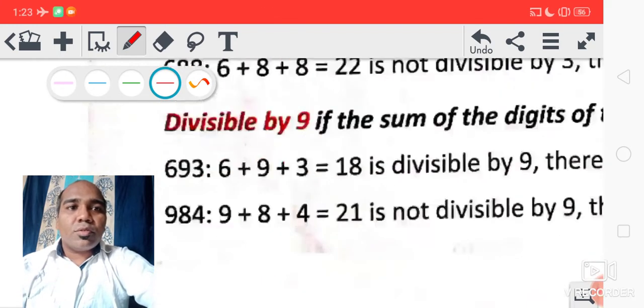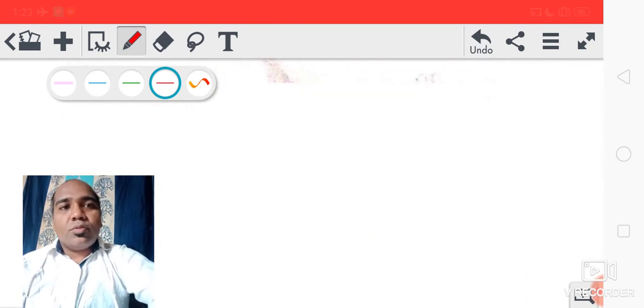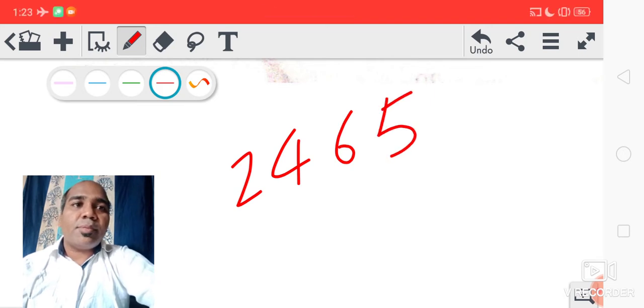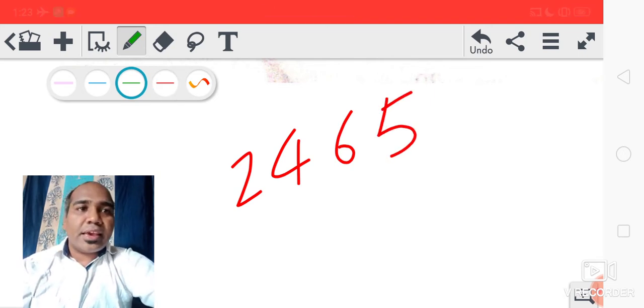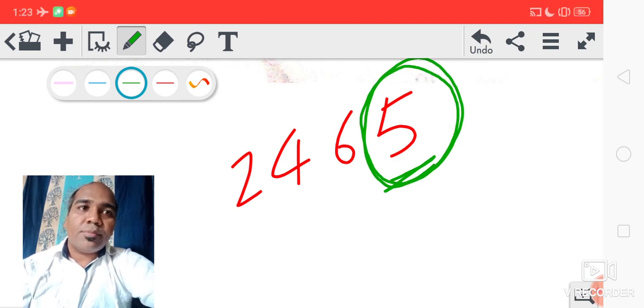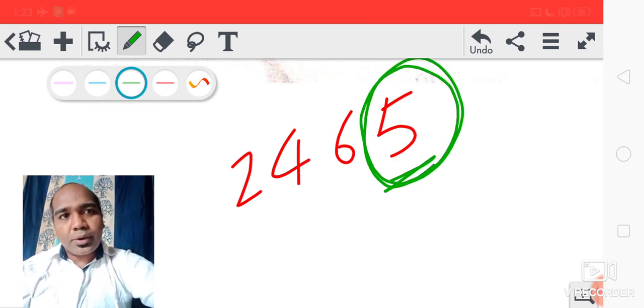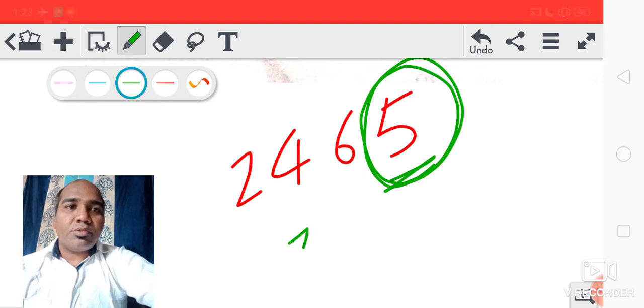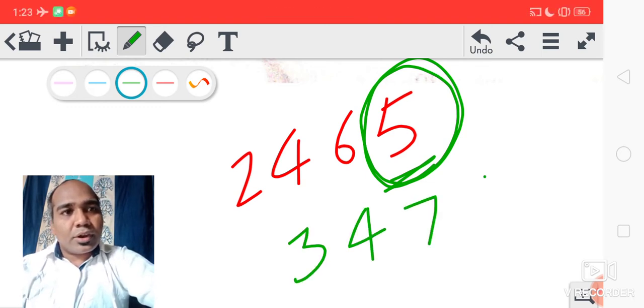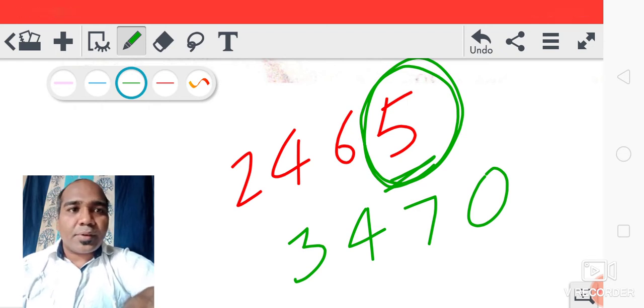So if I ask you, 2465, is it divisible by 5? Then we'll say yes. Why? Because the last digit is 5. So according to the rule, any number ending with 5 or 0 will be divisible by 5. If I say 3470, is it divisible by 5?